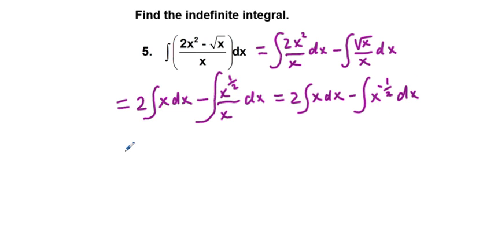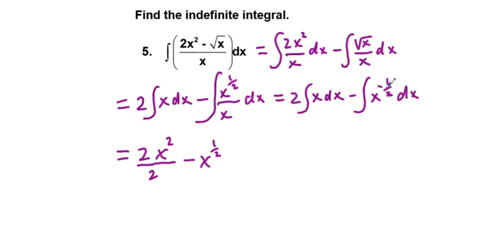And this is equal to, now we're going to integrate. We're going to have 2 times x to the 1st power raised by 1, which is x squared over what we raised the power to, which is 2. And then we're going to have minus, negative 1/2 raised by 1 is going to be x to the 1/2 power.